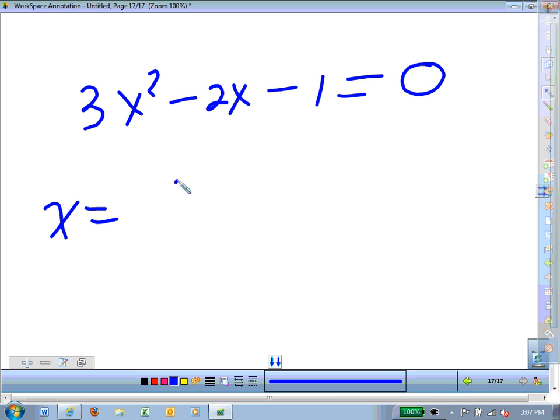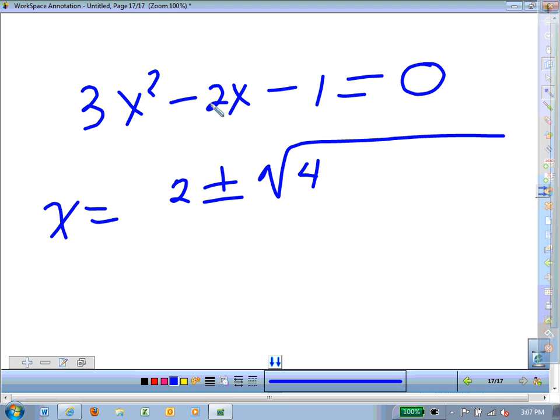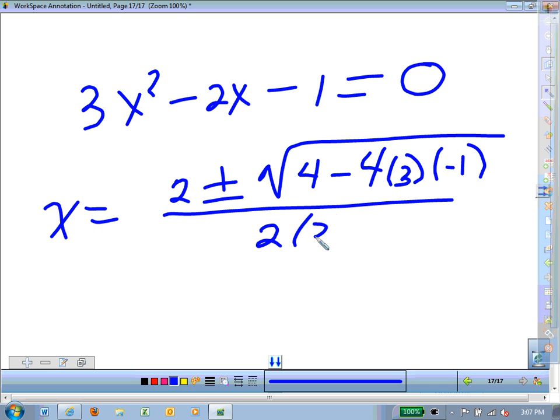Because I get negative the coefficient of x, plus or minus. So this has built-in two solutions, one with the plus, one with the minus. b squared would be 4, this squared, so 4 minus 4, a is 3, and c is minus 1, all over 2 times the 3. So I've solved it.